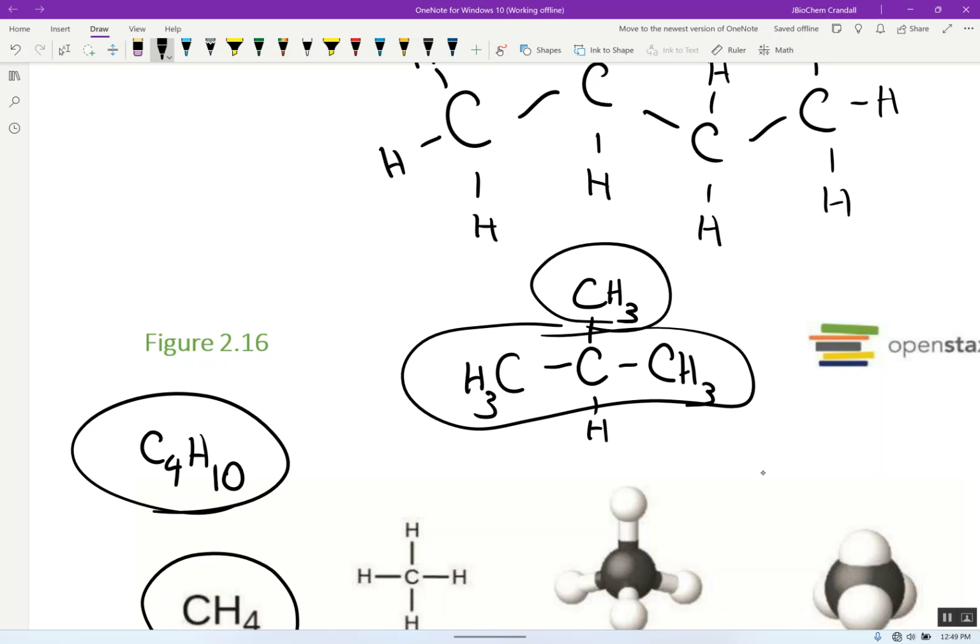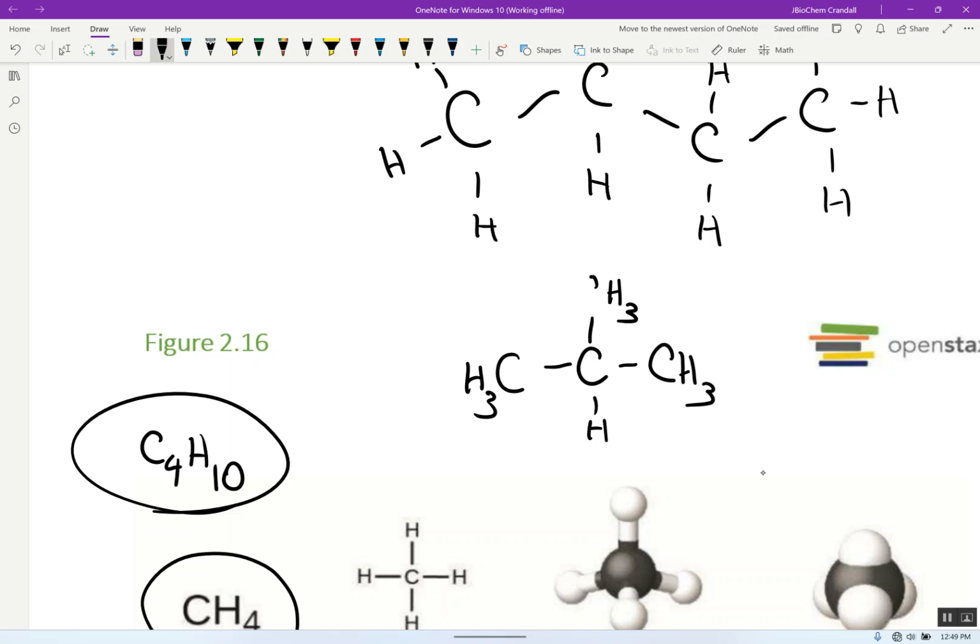We say when you have the same chemical formula, different structures, that means that you're 2 different isotopes. These are isomers. I said isotopes. I meant isomers. Isotopes are where the neutrons are different within an atom, right? So these are isomers.